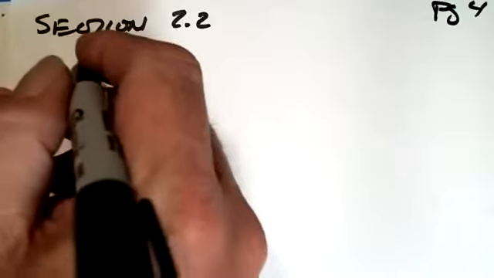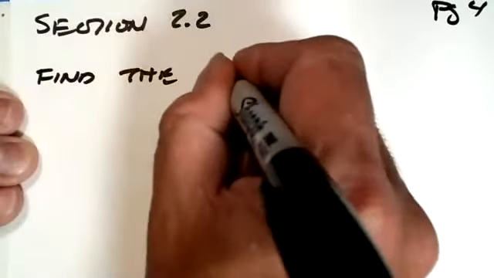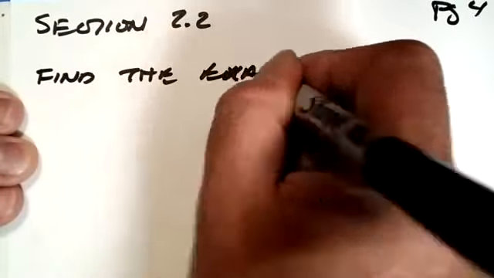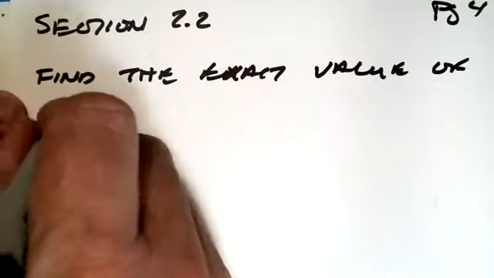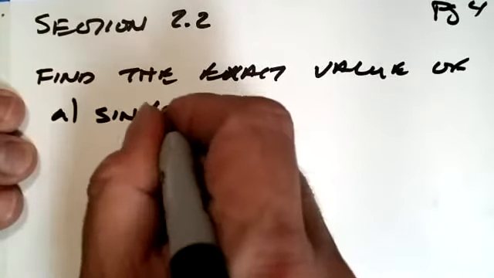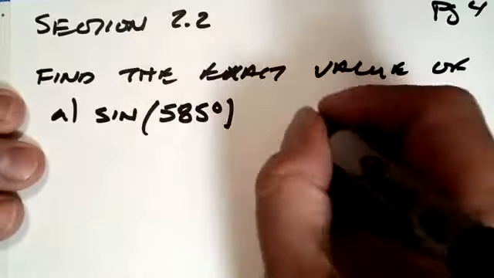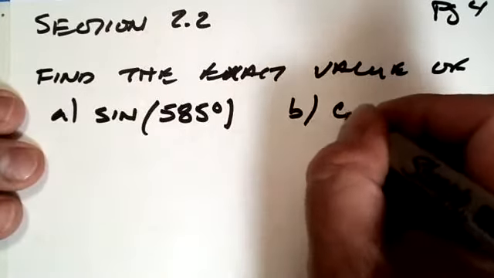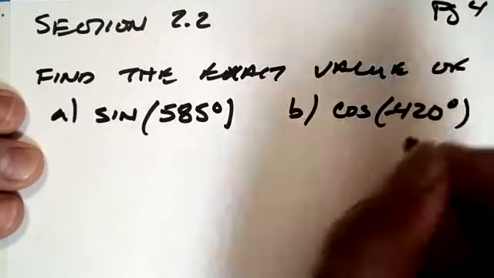So let's find the exact value of, let's say, sine of 585 degrees and cosine of negative 420 degrees. And let's make it negative just to make it interesting.